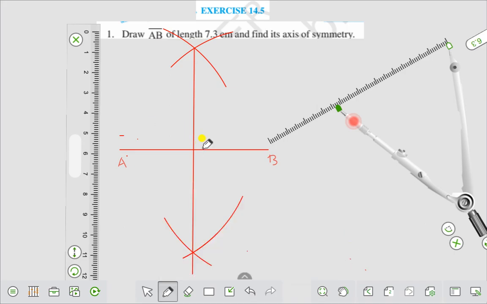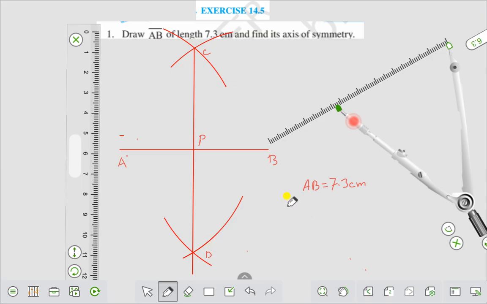Here you see, this is point P. Therefore, we have drawn a line AB of length 7.3 centimeter and we find its axis of symmetry. Here we take the name C, and this point is D, right? CD or CPD is the axis of symmetry.